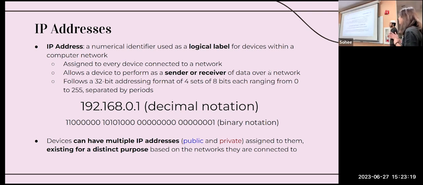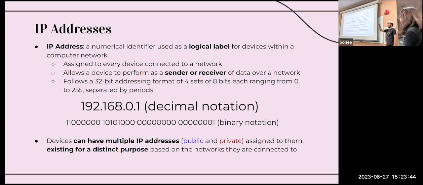If you know binary, with 8 bits the maximum value is 255 and the lowest value is 0, right? So if you convert each octet, the greatest value you get is 255, and 192.168.0.1 in binary would be the one right below there. If you convert these from binary to decimal, those are the numbers that you get.